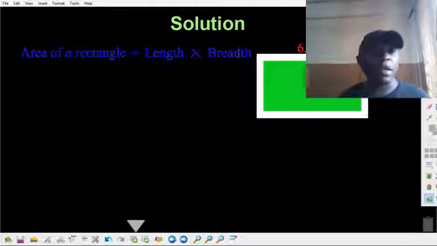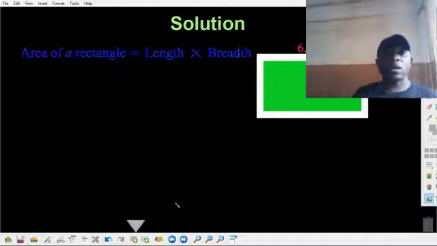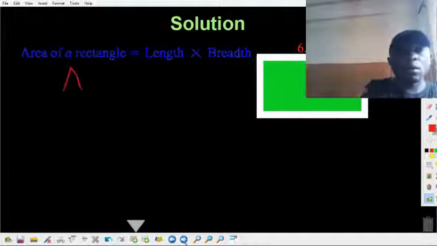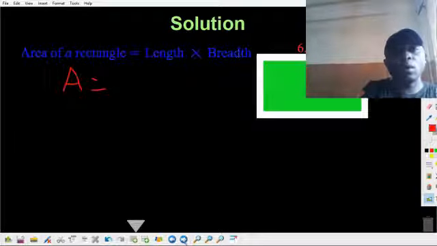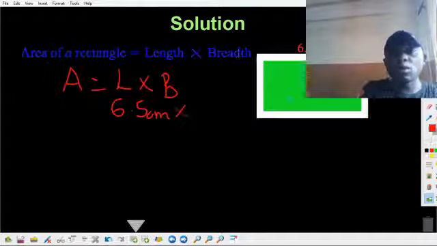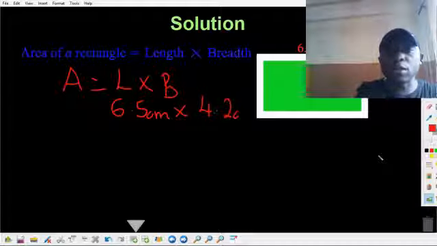The formula says area of a rectangle is equal to length times breadth. A is equal to L times breadth. The length is 6.5 centimeter multiplied by 4.2 centimeter.